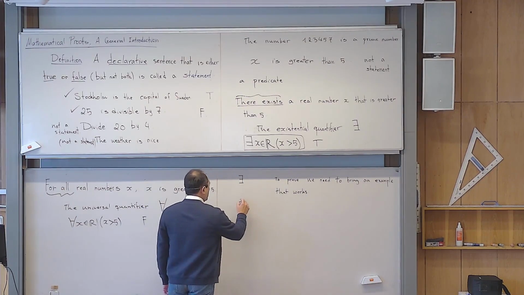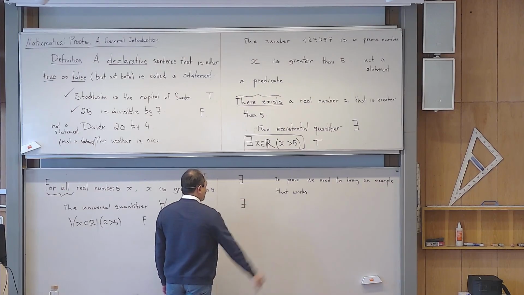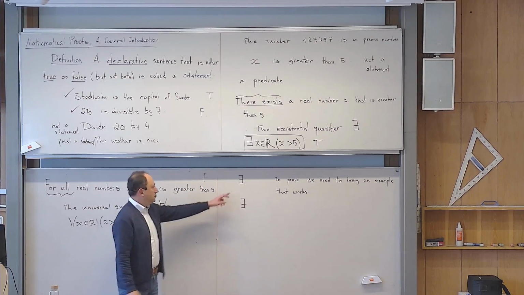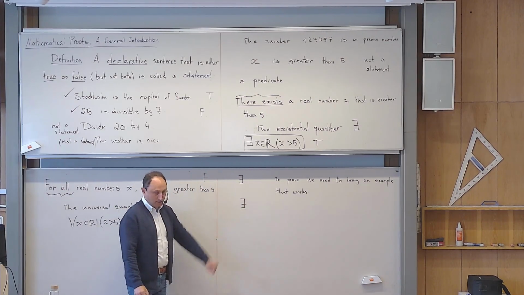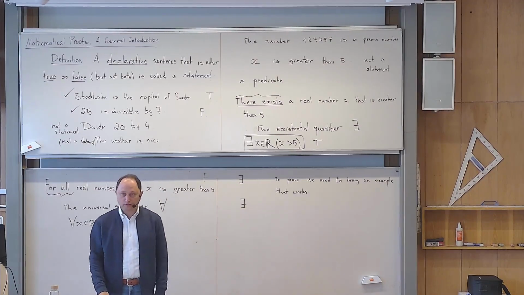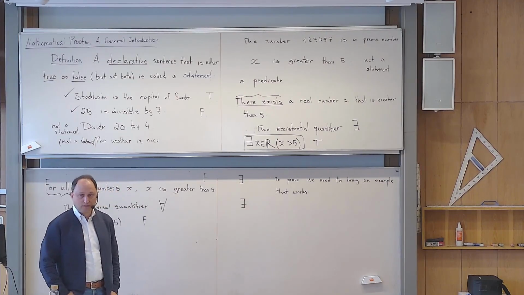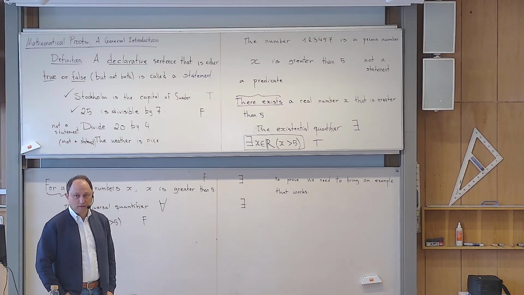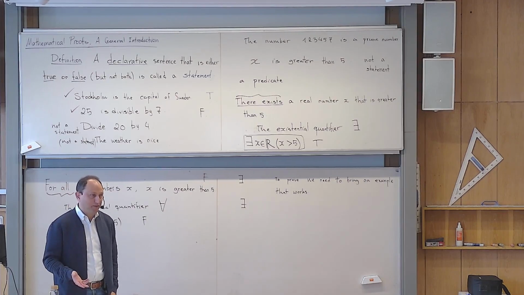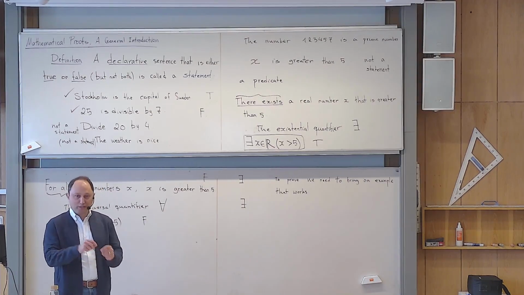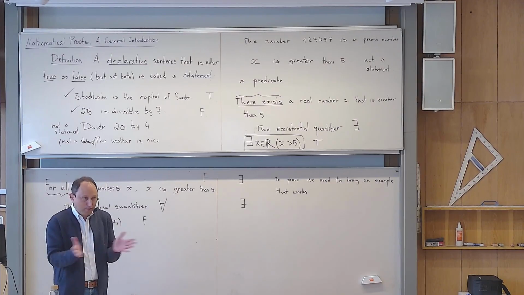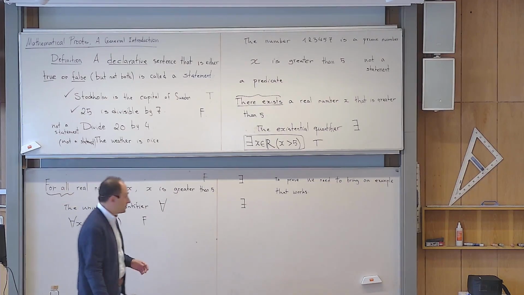Okay, and if you want to refute it, okay, so here, if you want to refute this quantifier, how do you do that? Yes? You show that it doesn't work in any case. Okay, so it means that example is not enough. Because if you bring one example that does not work, you haven't refuted anything. Yes, so that's important.